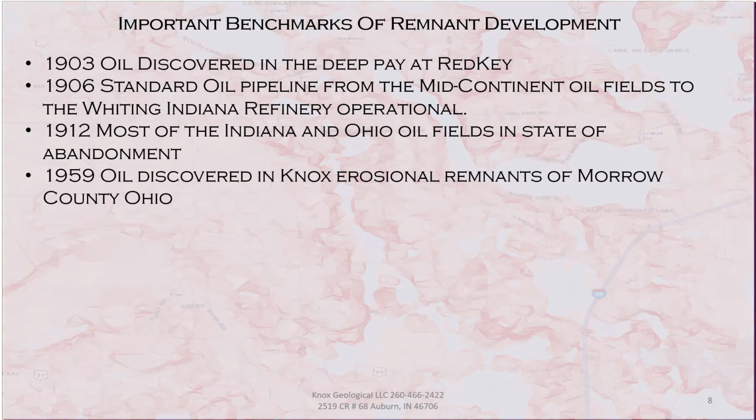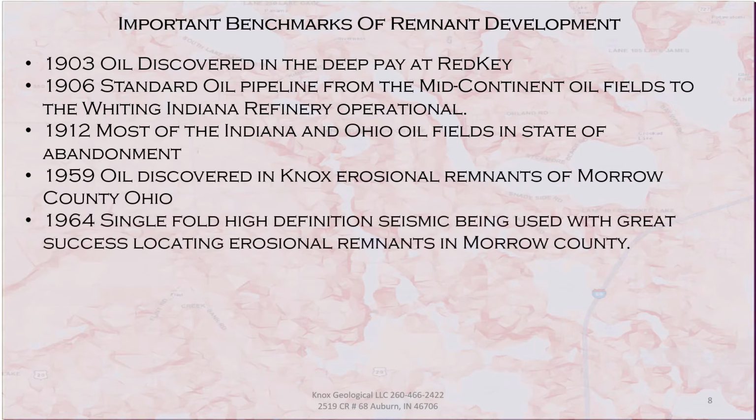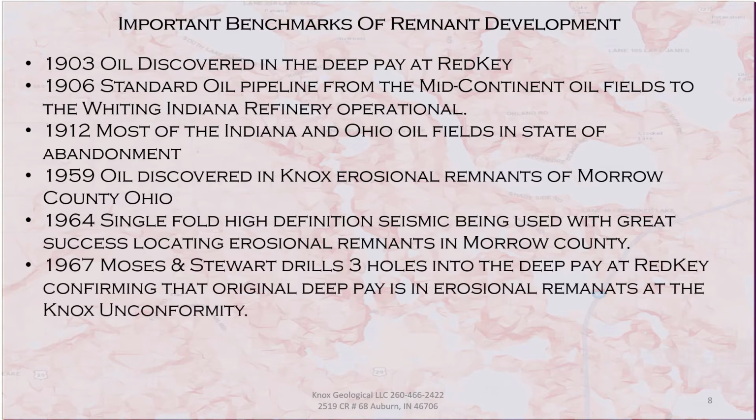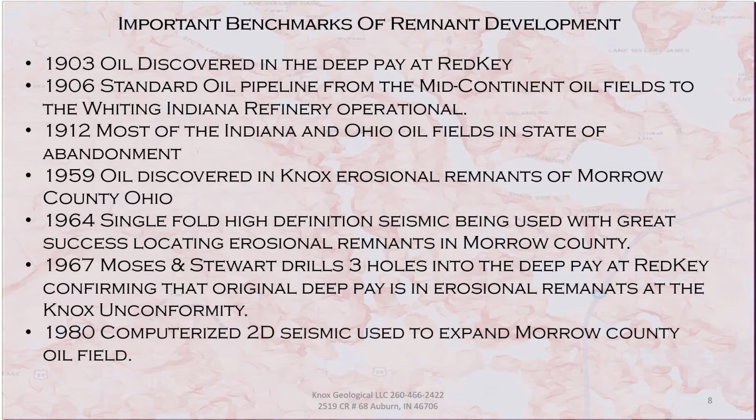In 1959, oil is discovered in Knox erosional remnants of Morrow County, Ohio. In 1964, single-fold high-definition seismic was being used with great success locating the erosional remnants in Morrow County. In 1967, a company, Moses and Stewart, drills three holes into the deep pay at Red Key, confirming that the original deep pay is in erosional remnants at the Knox unconformity.